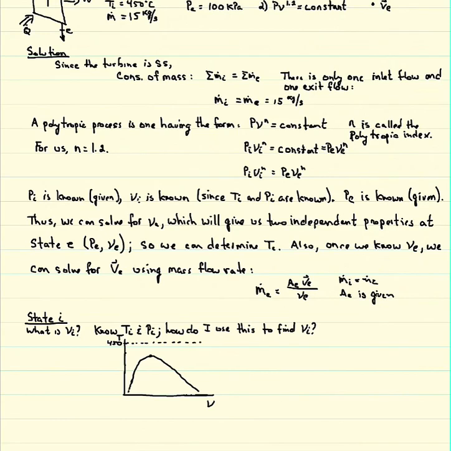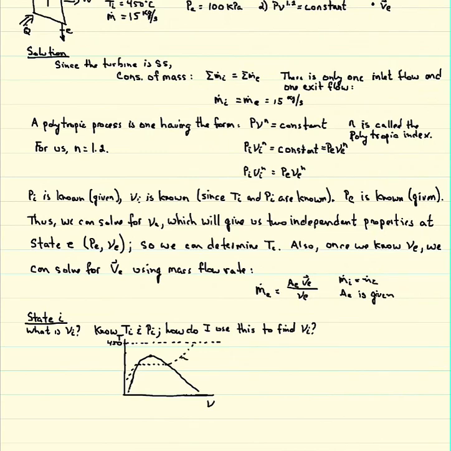In addition to knowing that I'm at 450 degrees C, I also know that I'm at a pressure of 6,000 kPa. Now 6,000 kPa is well below the critical point pressure, which is 22,000 kPa. And so I can say that perhaps this line through here is my 6,000 kPa line.